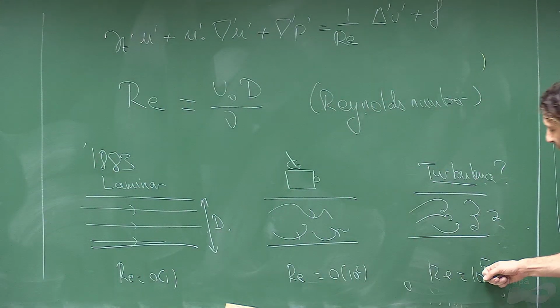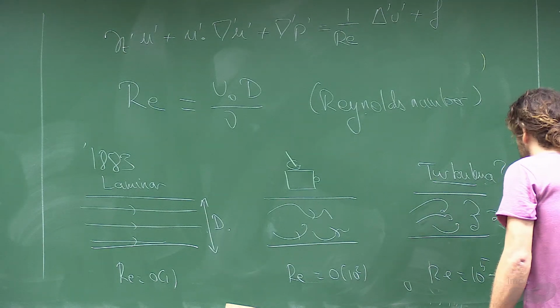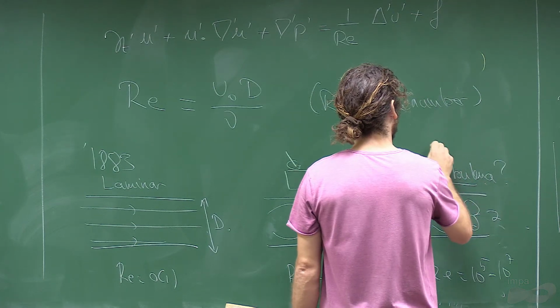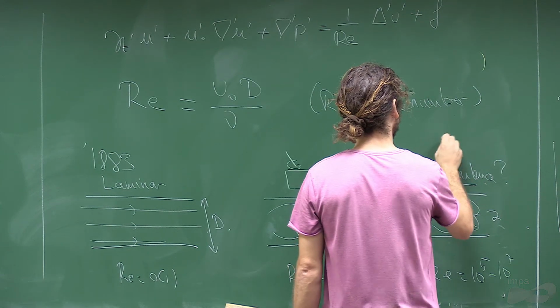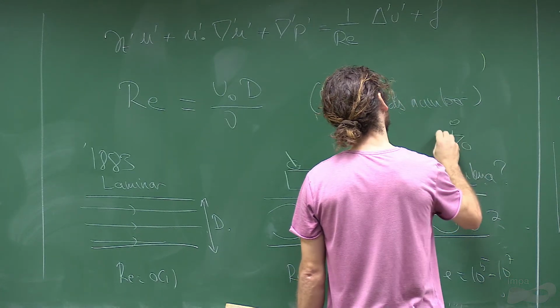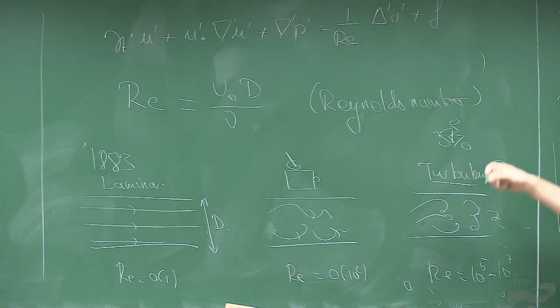Reynolds 10 to the power 5 or even Reynolds 10 to the power 6 is Nicolas trying to go from Cantagallo to IMPA to Lagoa on his bike.